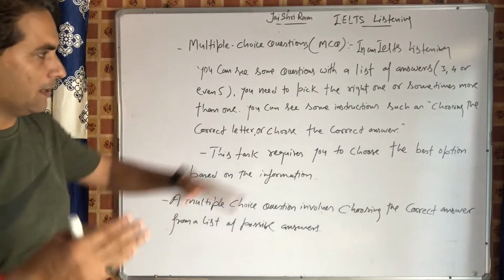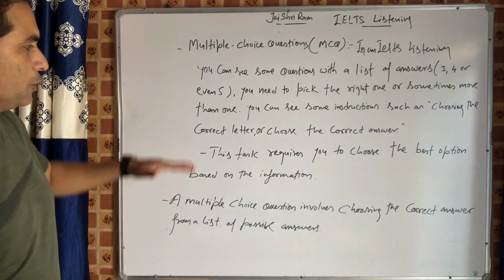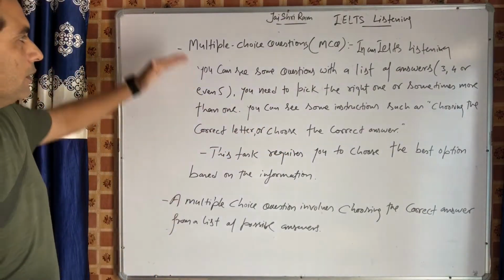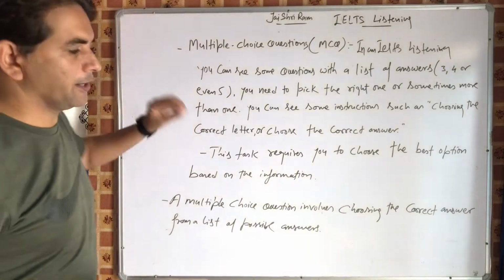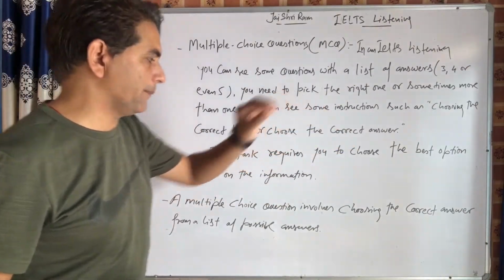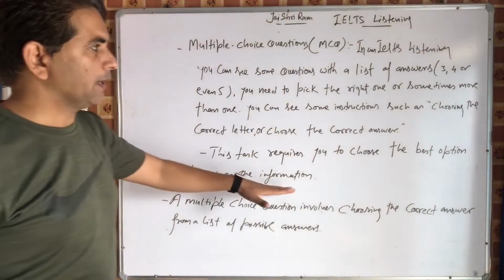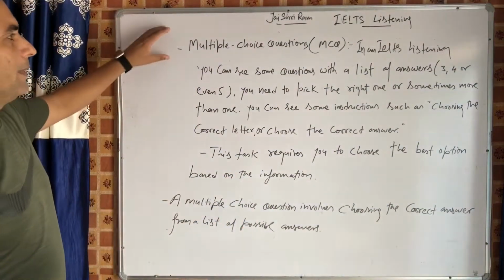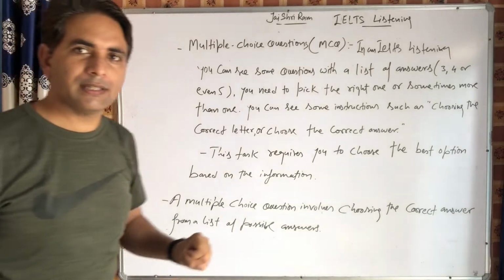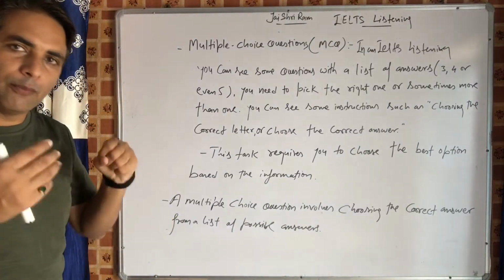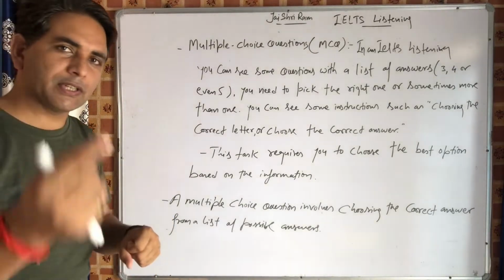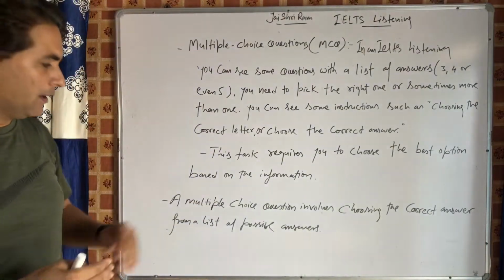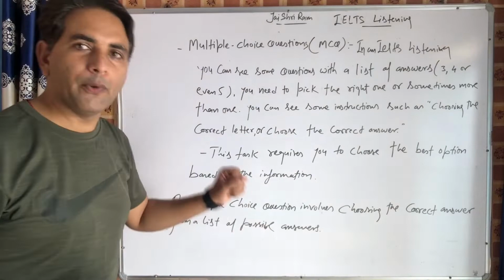You can see some instructions such as choose the correct letter or choose the correct answer. This task requires you to choose the best option based on the information. So in the end it can be said that multiple choice questions involve a question where you need to find the right answer from a list of possible answers.